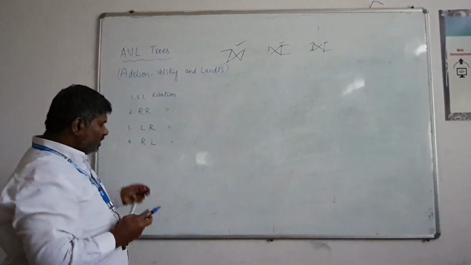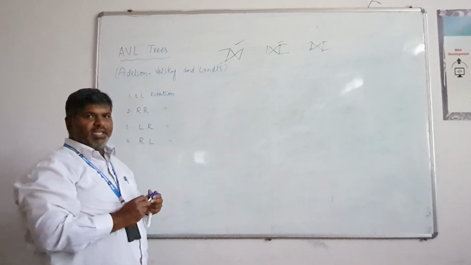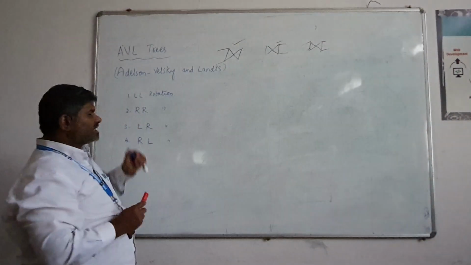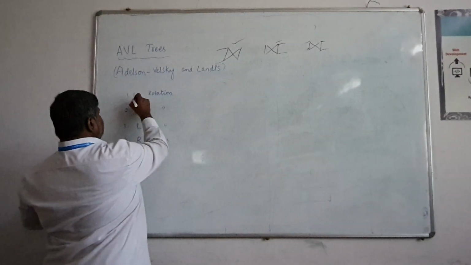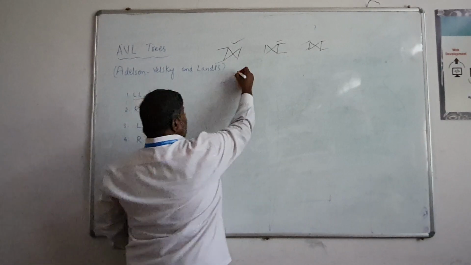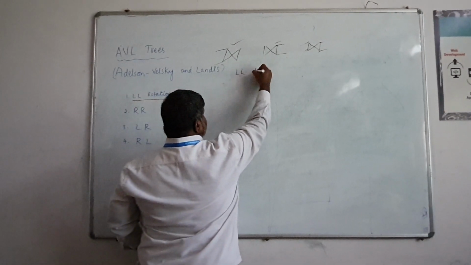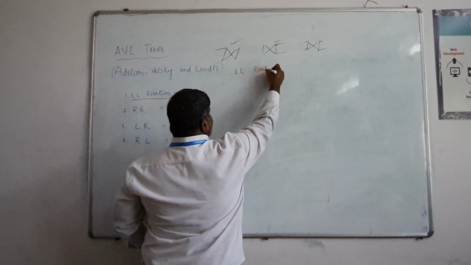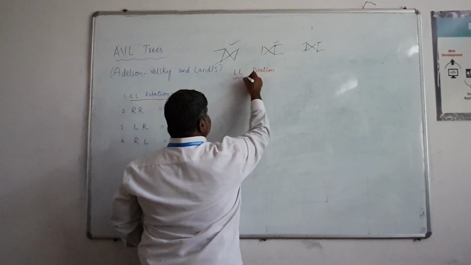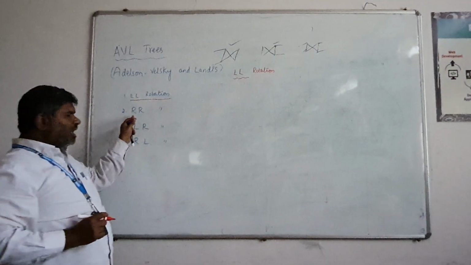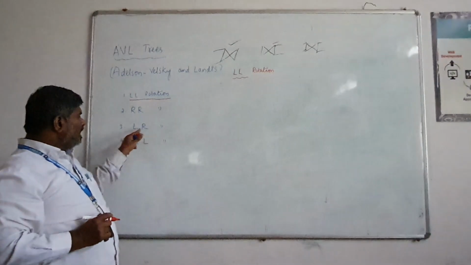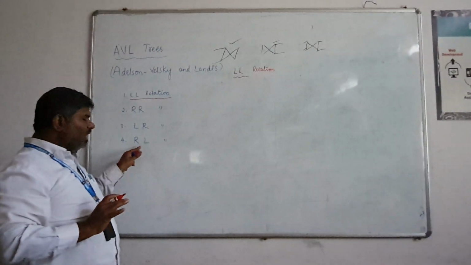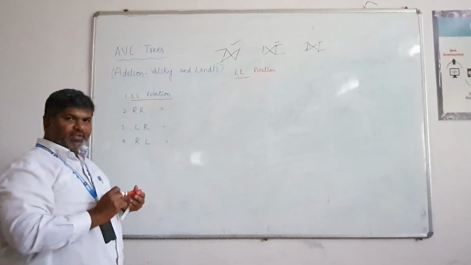LL stands for left left, RR stands for right right, LR stands for left right, and RL stands for right left. First let us discuss LL rotation.